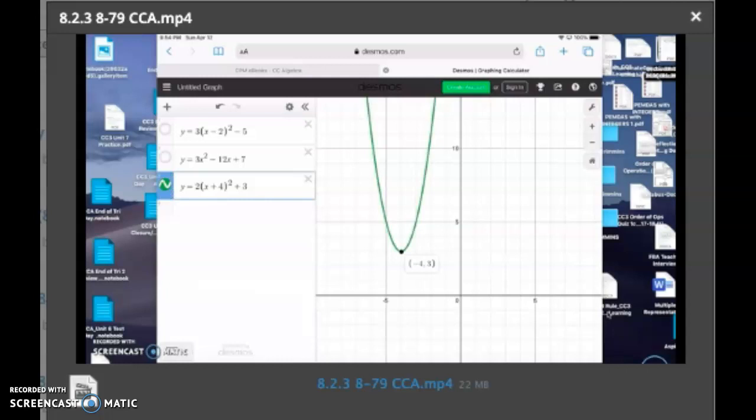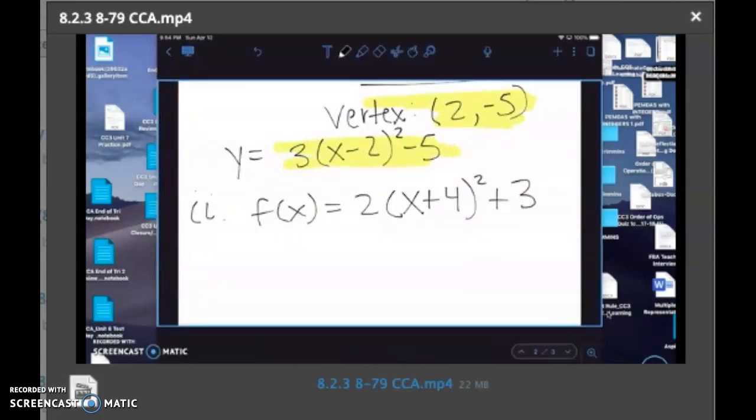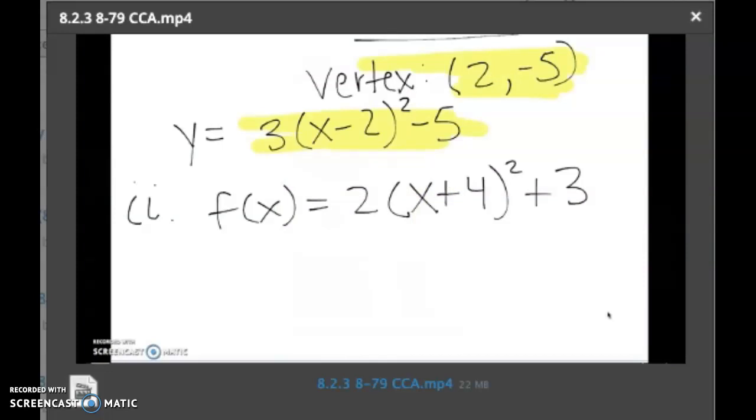So the vertex for this quadratic equation is (-4, 3). I'll go back over and write that down. So the vertex on this one is (-4, 3). And I'm going to go ahead and highlight that too.